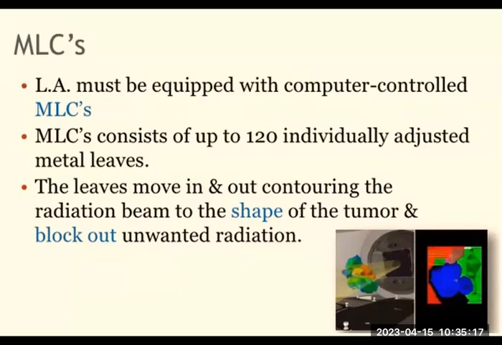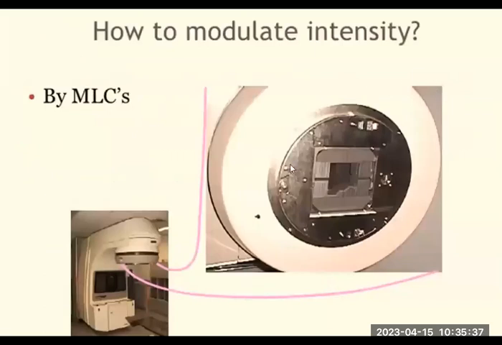So when I have an IMRT device in the linear accelerator, the MLC, the multi-leaf collimator, has to be programmed. It consists of nearly 120 individual metal leaves. That is what you can see, so many leaves are present.